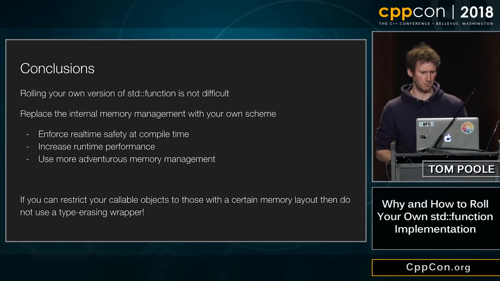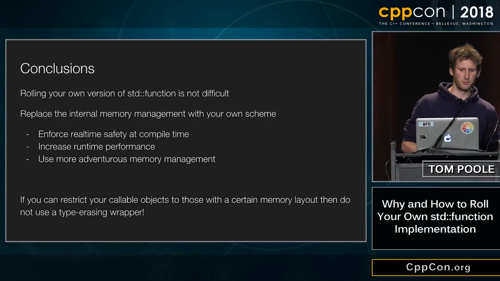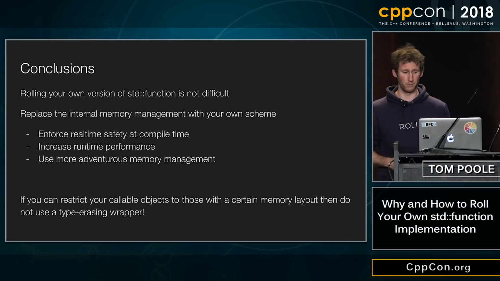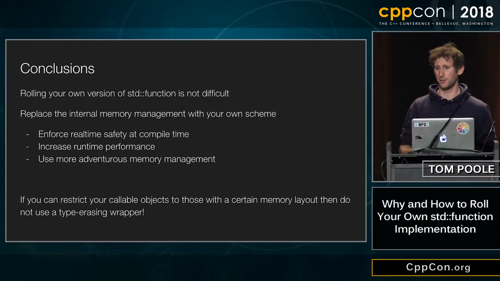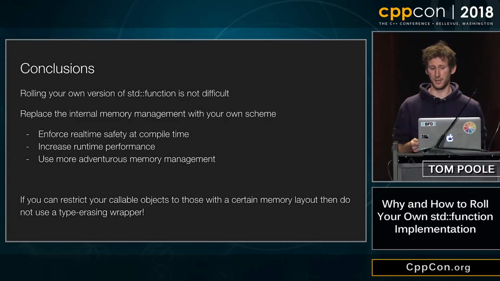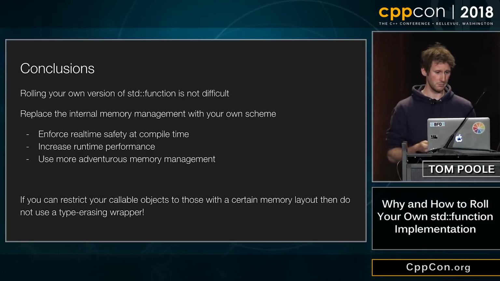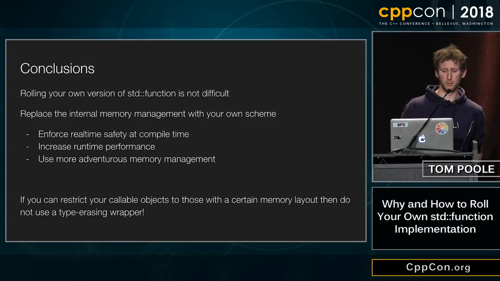So to conclude, rolling your own version of std::function is not particularly difficult. We've talked about all the real pain points. My code is available, and actually, if you take a hatchet to your favorite standard library, working out what they do isn't too difficult either. And once you've done that, you can replace the internal memory management of std::function with your own scheme.